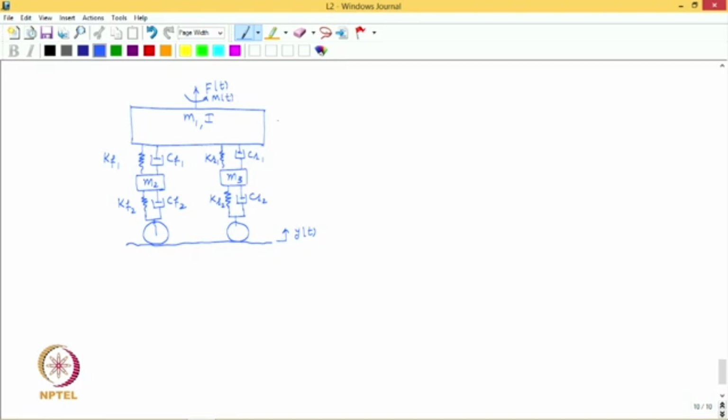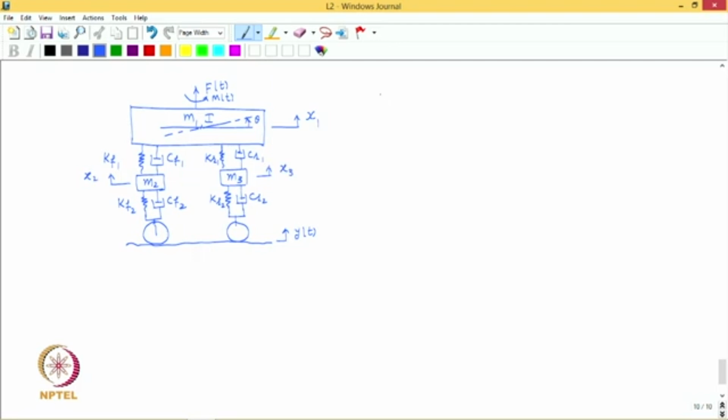Then we have the vertical motion, the bouncing motion of the car, sorry, this is x1, and we also have the pitching motion theta. That is another degree of freedom, and then we have the vertical motion of the front tire, which we call x2, and the vertical motion of the rear tire, x3.